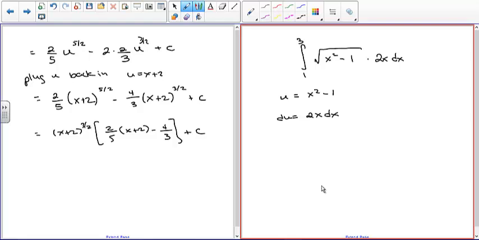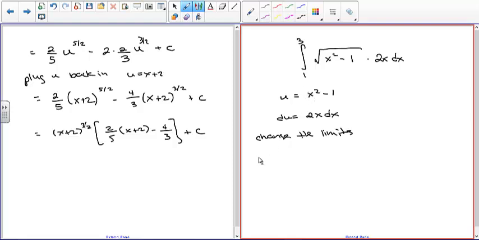Now, the step that we haven't done before is we're going to change the limits. So instead of having the limits in terms of x, they're going to be in terms of u. The way you do that is you plug the values of x, which are the limits, into the equation for u and see what you get.